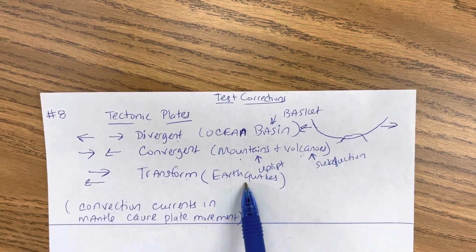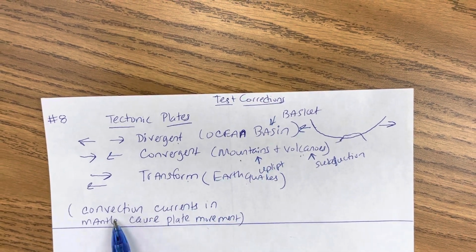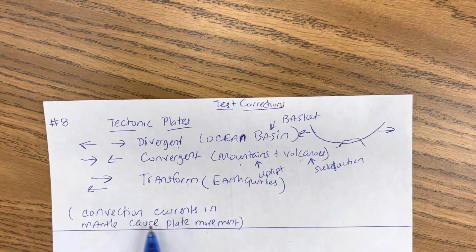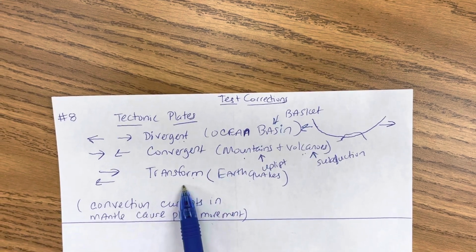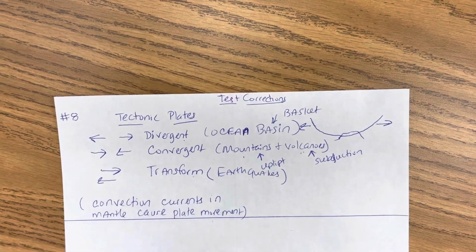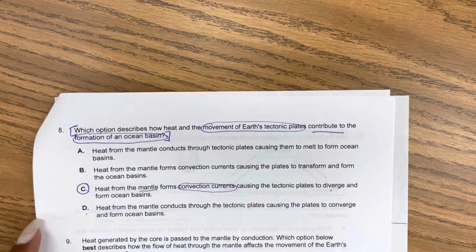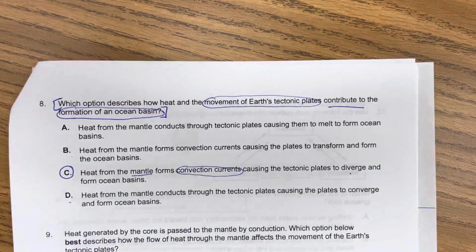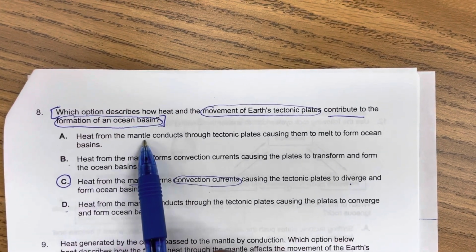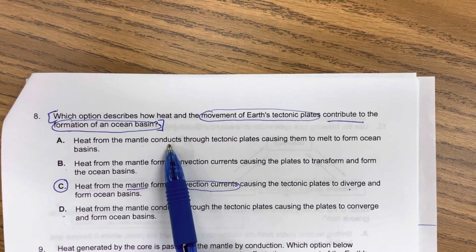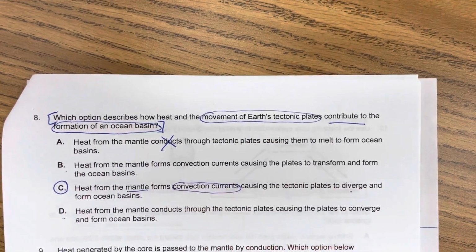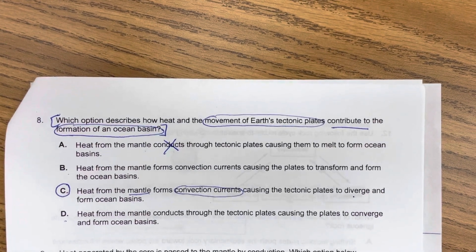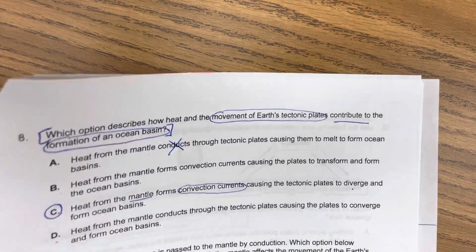So now let's apply that understanding of what we just talked about to include convection currents in the mantle causing all of this plate movement, okay? Let's talk about that in relation to the question, and let's disprove the answer choices that were incorrect. So A says heat from the mantle conducts, right? This word conducts, we know that heat transfer occurs as a result of conduction, convection, or radiation, right?